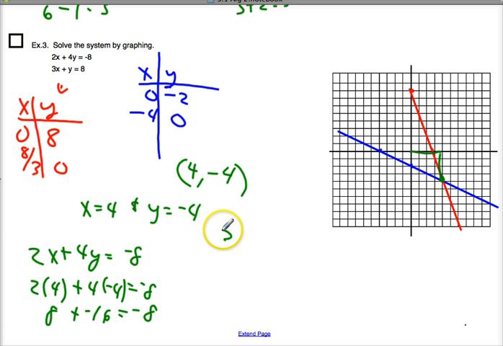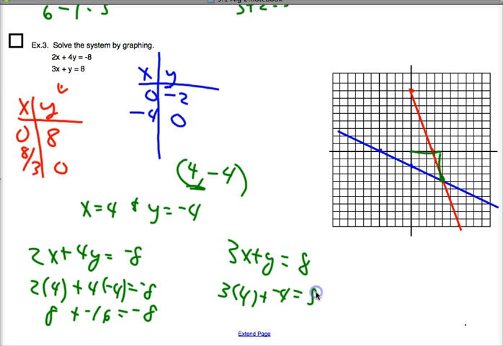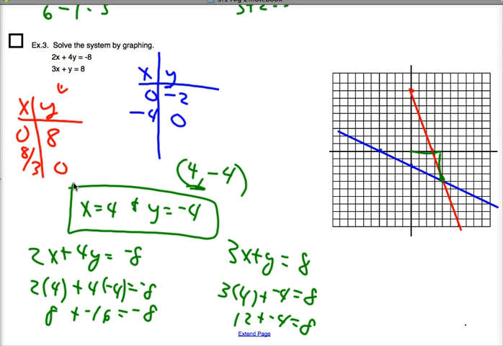The second one is 3x plus y, and that's supposed to equal 8. Well, if I put 4 in for x, and negative 4 in for y, that's 12 plus negative 4, and that's 8. So that works. That's my answer right there: x is 4 and y is negative 4.